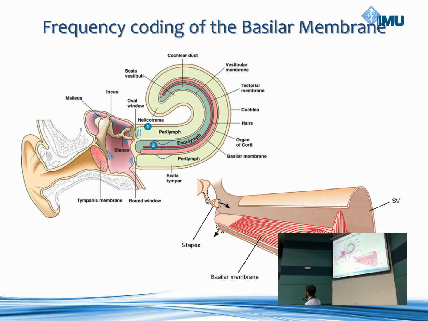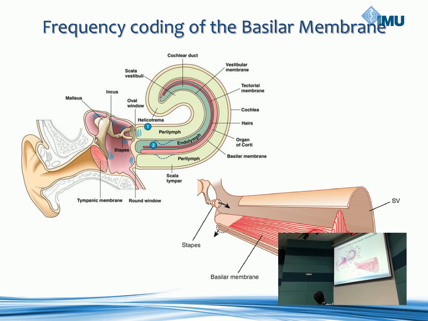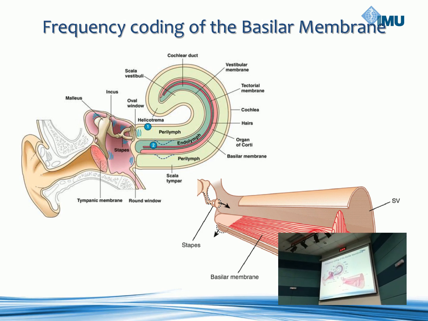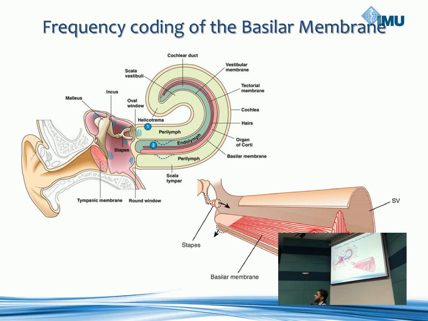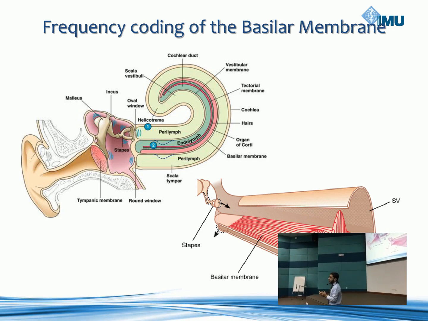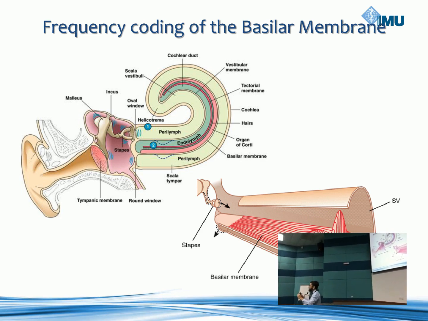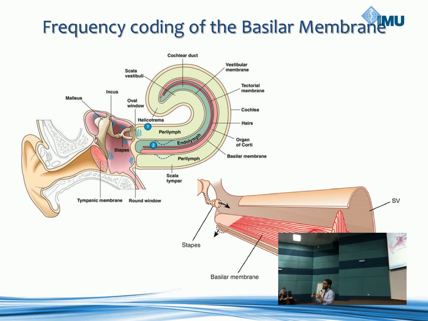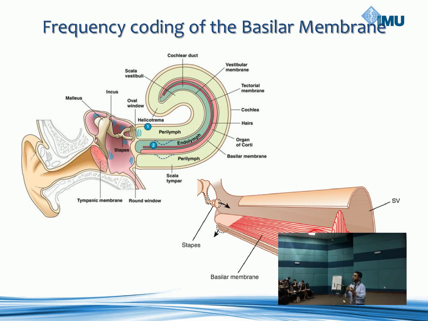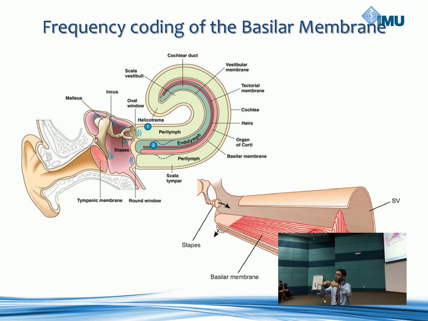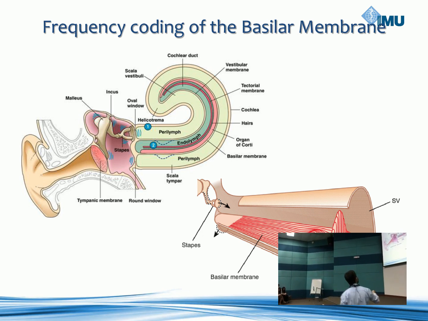Outside, in the scala tympani and scala vestibuli, the fluid is called perilymph, but the fluid in the scala media is called endolymph, and this fluid, as I told you, is rich in potassium, so that's why movement of potassium causes depolarization of these receptor cells, as we will see later.